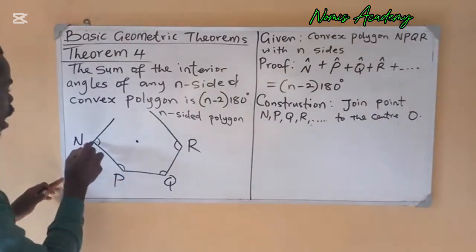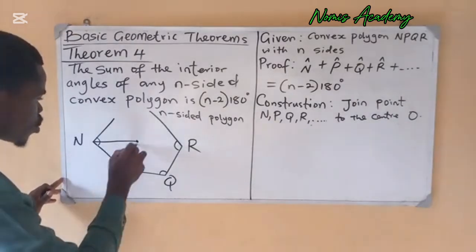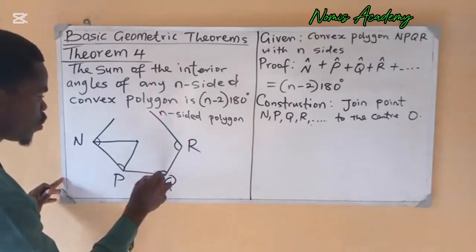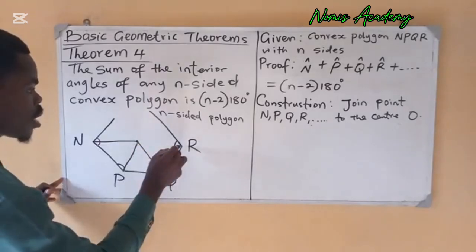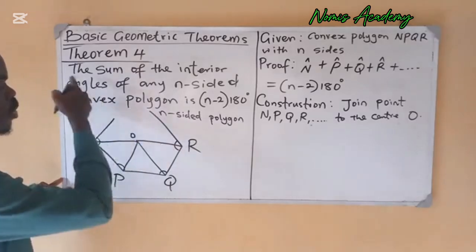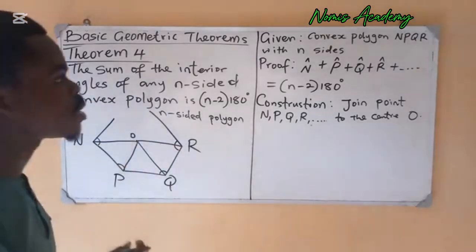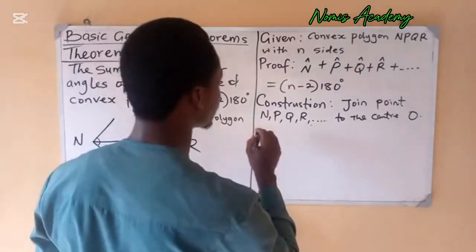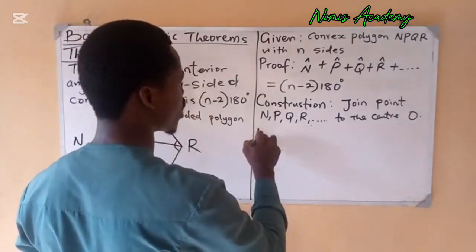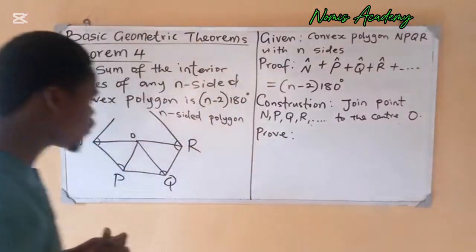You are going to join N to O, P to O, Q to O, R to O. If we still have other angles, we just join them to O. Still talking about the same thing. All right, so let's start with the proof.